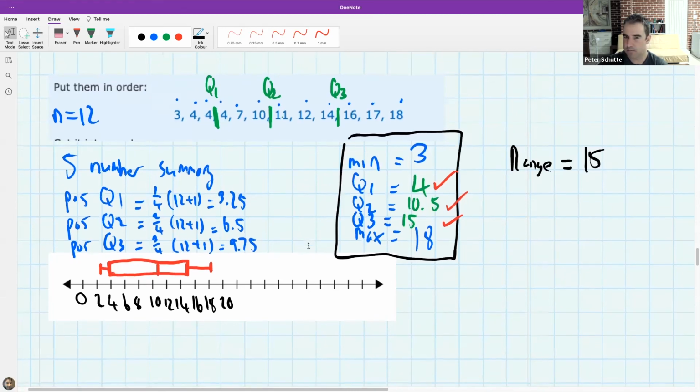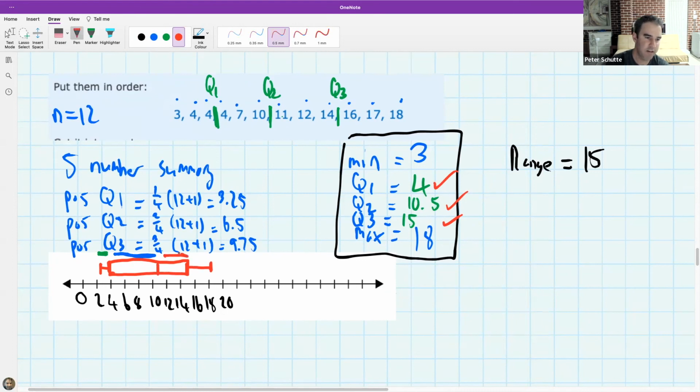I'm not sure if that makes complete sense to you, but if I look at the data set here, I can visually see that each line divides up 25% of the data, right? So between here and here is 25% of the data. Between here and here is 25%. Between here and here is 25% of the data, and between here and here.